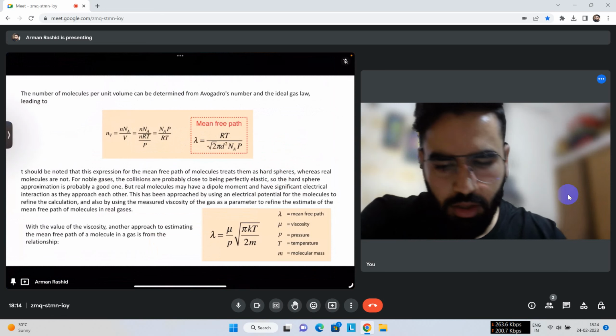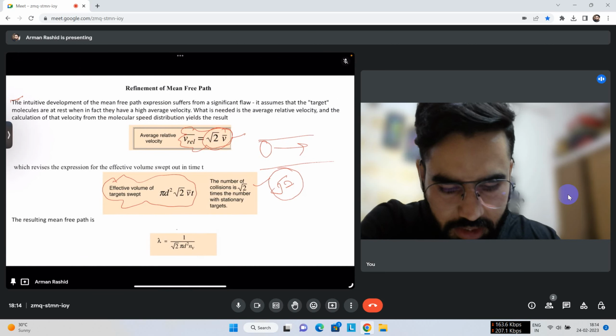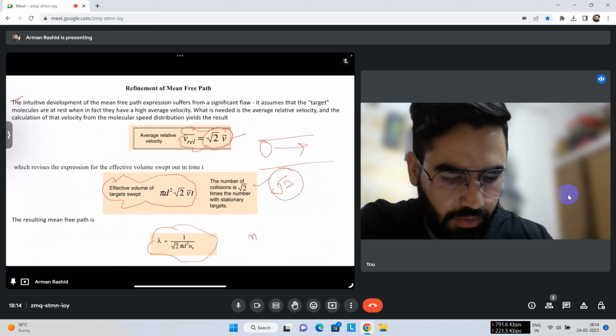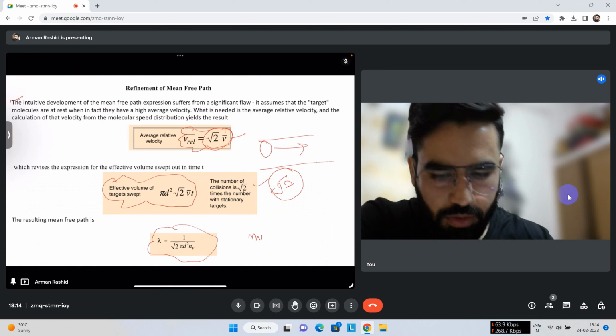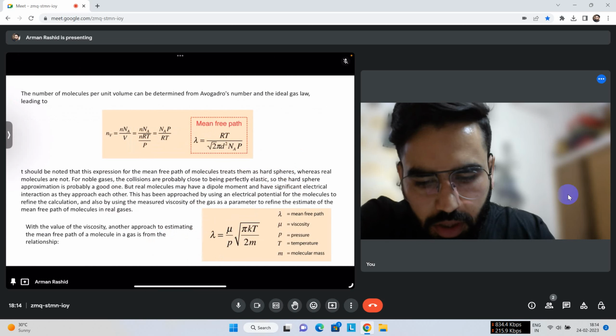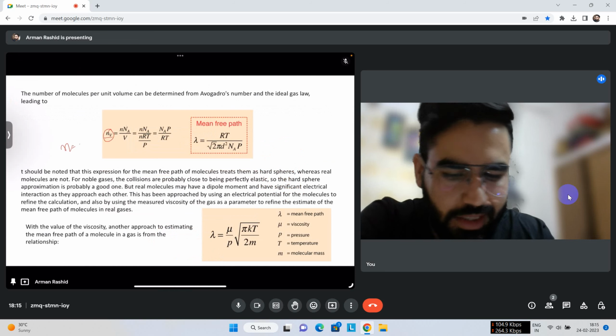Now this is considered for any material. In the case of gases, we can determine the molecules per unit volume, this n v factor, and we can use the volume from the ideal gas equation. The number of molecules per unit volume is given by N by V. The number of molecules is also number of moles multiplied by Na, where Na is called Avogadro's number.